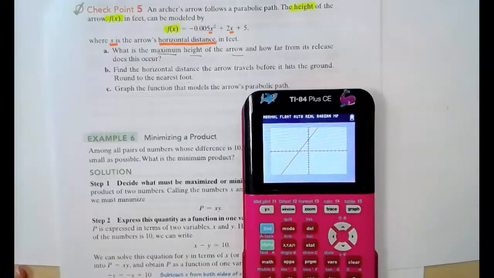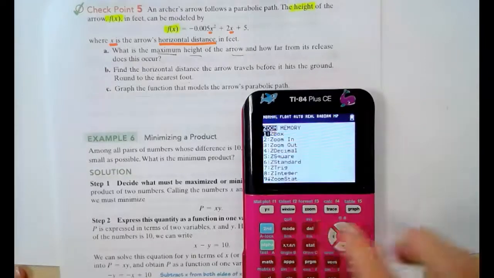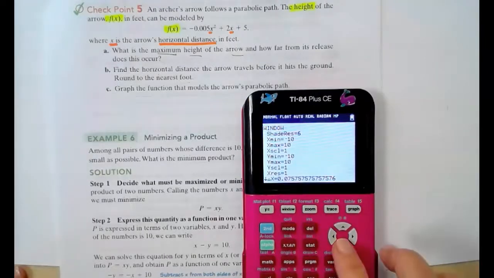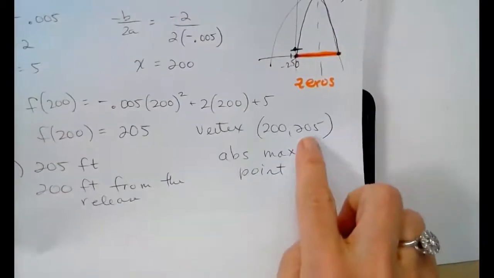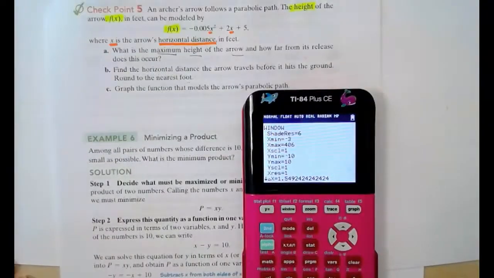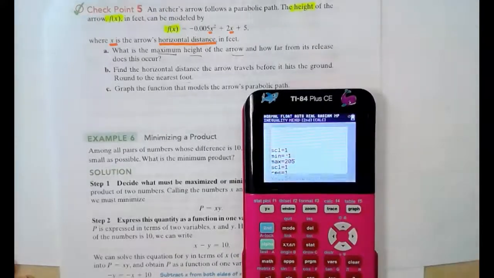That's why when we look at this graph, and if we can somehow zoom, actually I'll change it this way. So let's change that x minimum to negative 3, an x max of 406, and a y max, our max value, think back, our max value was 205, and we'll put that y min as just negative 1 so we can kind of see what's going on here.